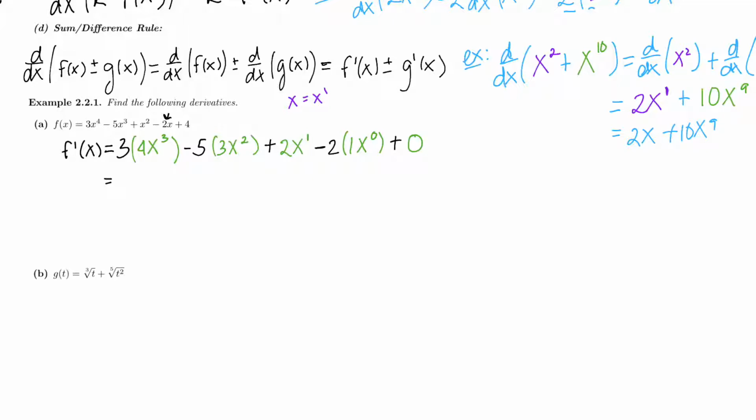So simplifying this, we have 3 times 4 is 12x cubed. 5 times 3 is 15x squared. Now, x to the 1, again, that's just the same thing as x. So I'm just going to write x. Minus 2, and now let's talk about x to the 0. Anything to the 0 is just 1.